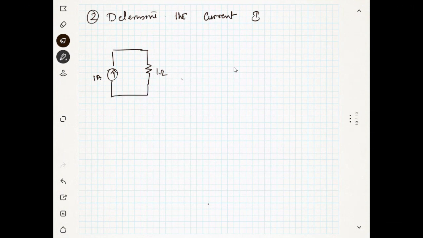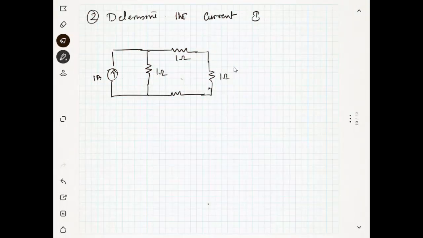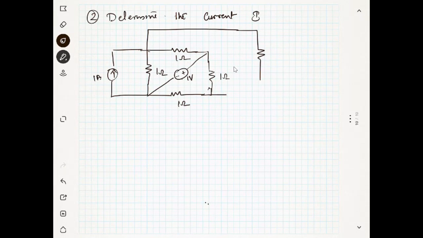There is another 1 ohm resistance, and another 1 ohm resistance here. And you have a 1 volt power supply, plus and minus, and another branch with current I, and this is again a 1 ohm resistance.